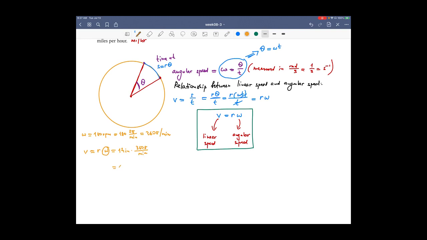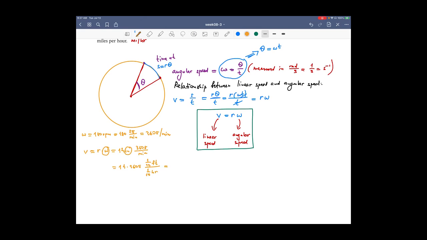Well, we have 14 times 360 pi. Every 1 inch is 1/12 of a foot, and every 1 minute is 1/60 of an hour.